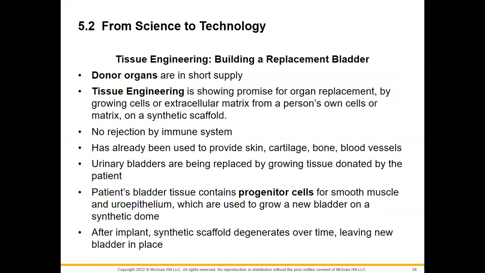All right, so make sure you read this about tissue engineering so that you can understand how the information about tissues that you just learned is being used in medicine and technology.